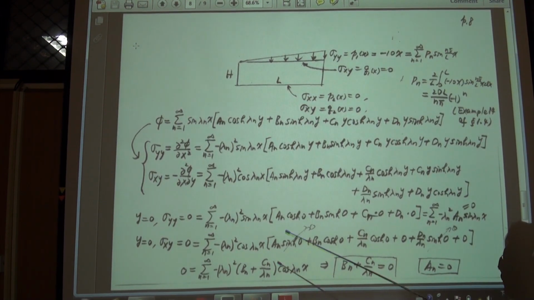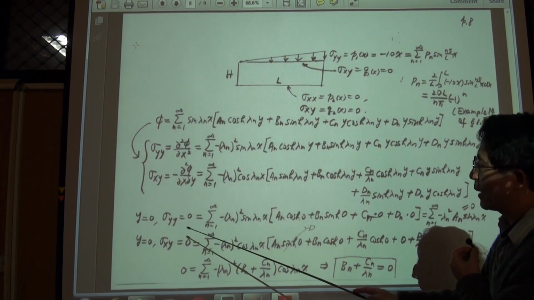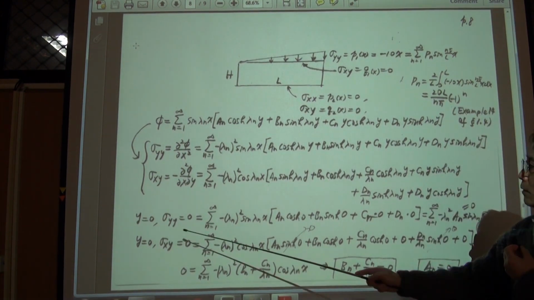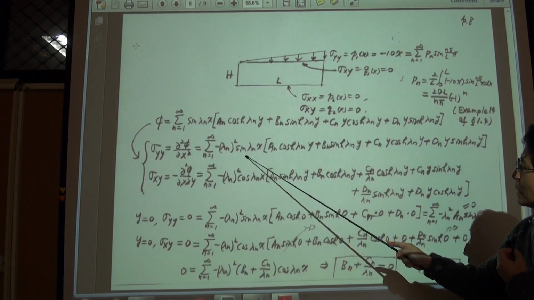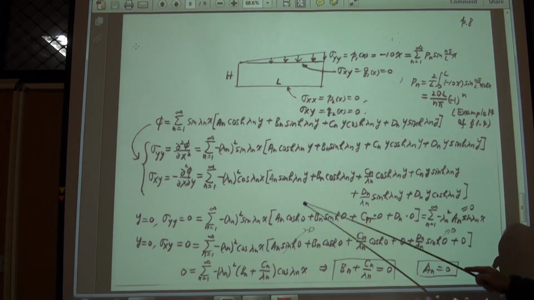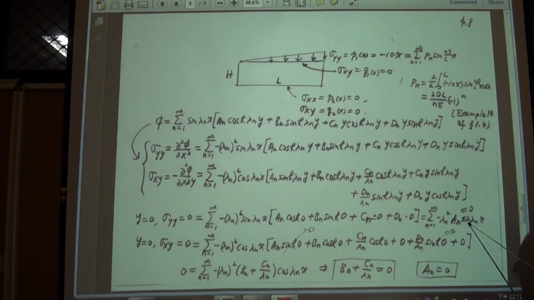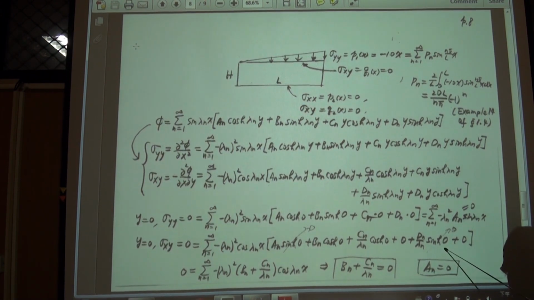Okay. Once we get these two expressions, we can apply the boundary conditions like this one and this one. At y equals 0, sigma yy equals 0, and then we get this one. So An equals 0.